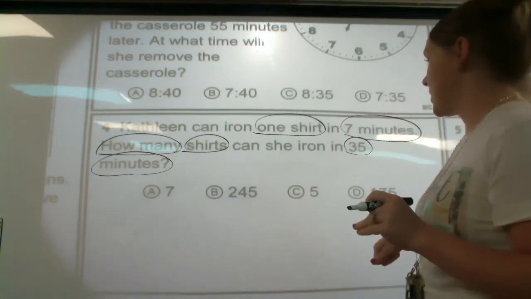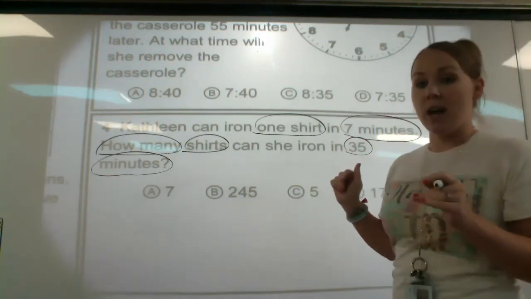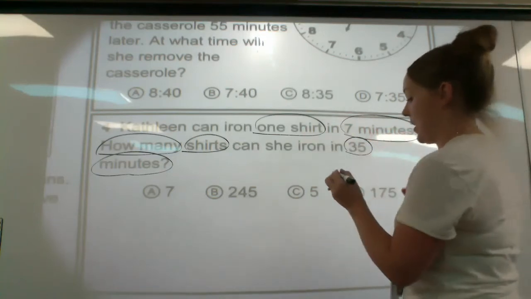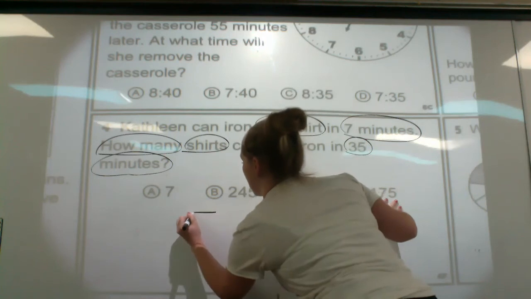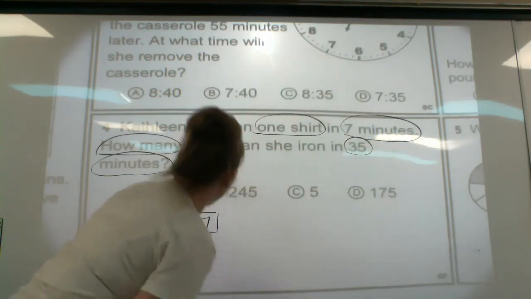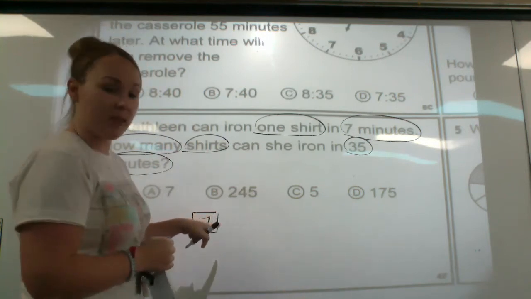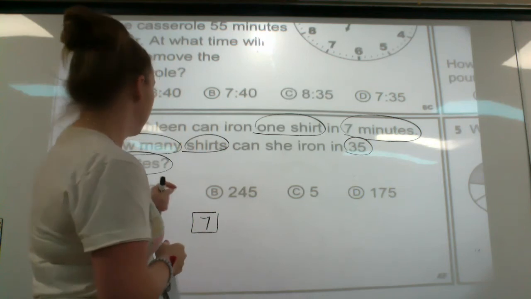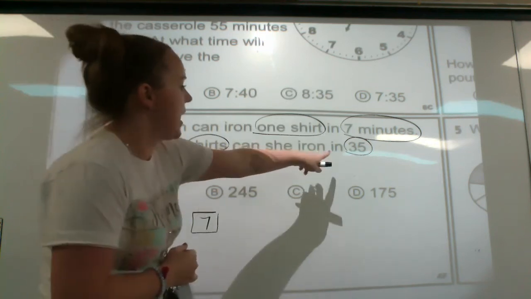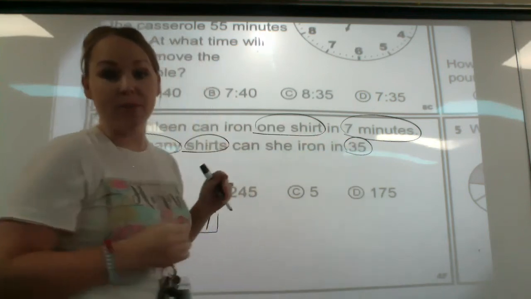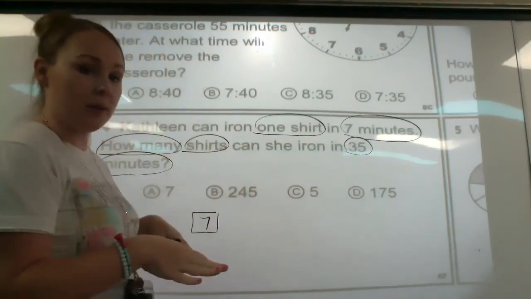So let's look at this. It takes her how many minutes to iron one shirt? One shirt is 7 minutes, okay? So I'm gonna draw a little square down here and put a 7 in it. You could even think of the square as like a shirt. It's 7 minutes for one shirt. How many shirts can she iron in 35 minutes? So I have 35 minutes total to work with.